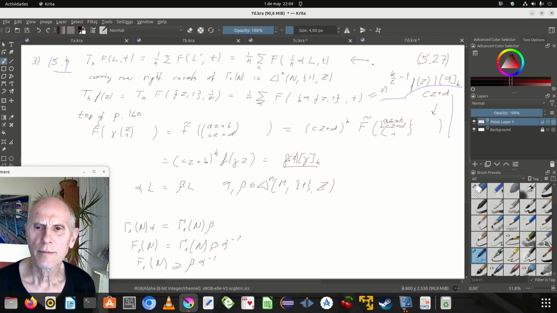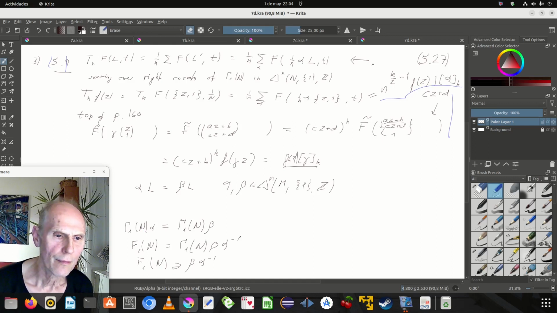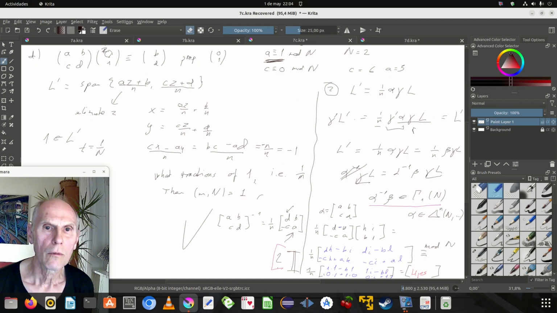Now that was not what I ended up with here. But what we get from here is that alpha to minus first beta has integer coefficients because it's in gamma.